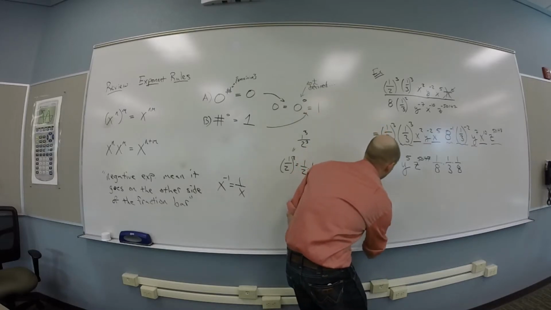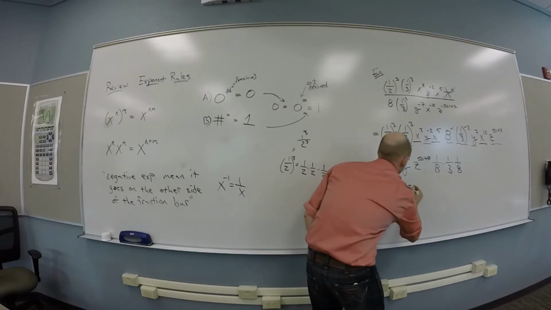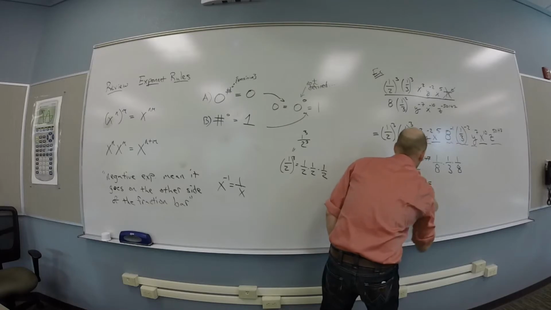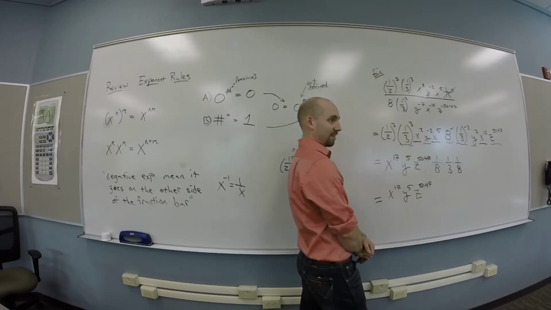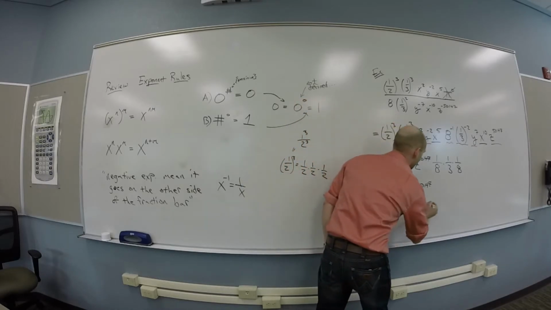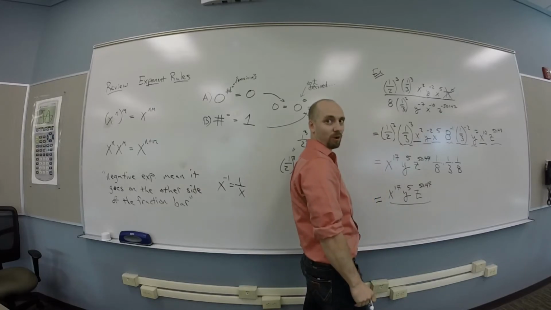Okay, so I've got, all told here, x to the 17th, y to the 5th, z to the 50,147, over 8 times 3, all over whatever 64 times 3 is.